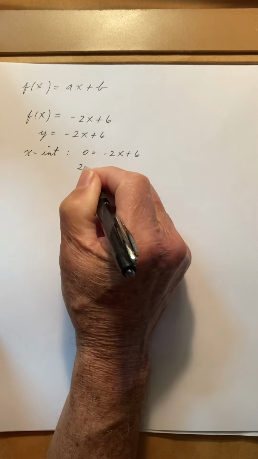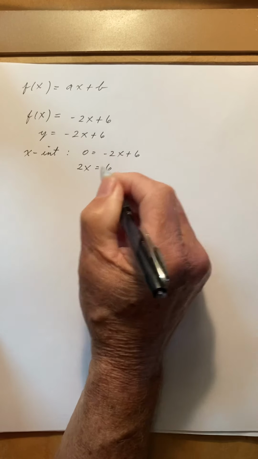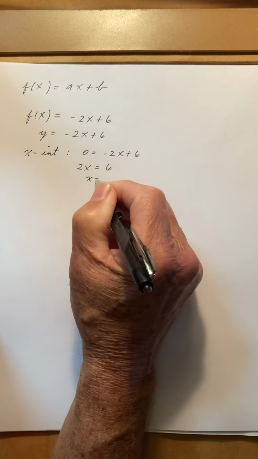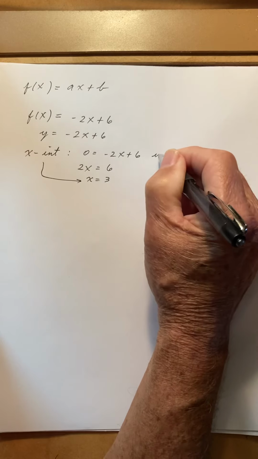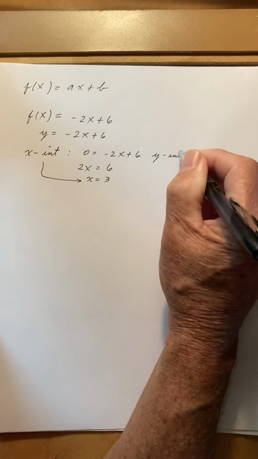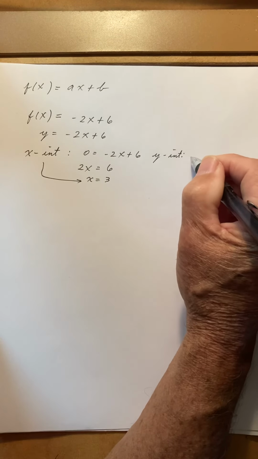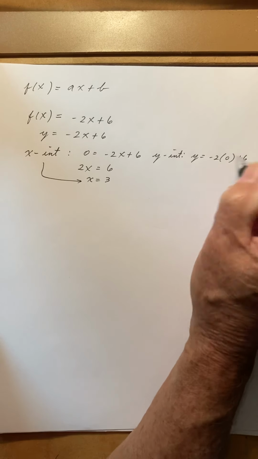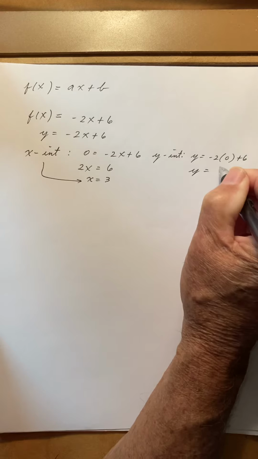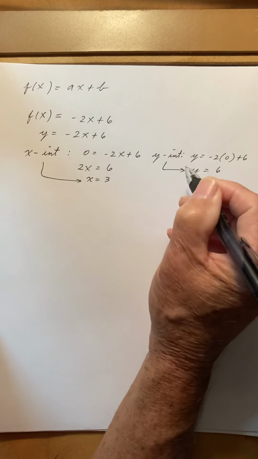Add 2x to both sides, we get 2x equals 6, and divide by 2 and we get x equals 3. So that's the x-intercept. To find the y-intercept, we let x be 0, so y equals negative 2 times 0 plus 6, so y equals 6, and that's your y-intercept.